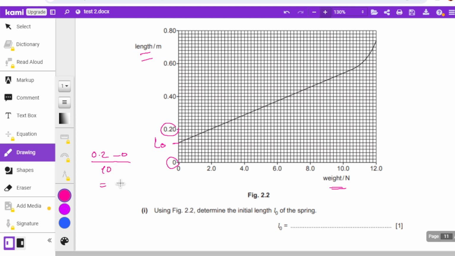So each small square equals 0.02. Now you can count 0, 0.02, 0.04, 0.06, 0.08, 0.1, 0.12. So LO equals 0.12.